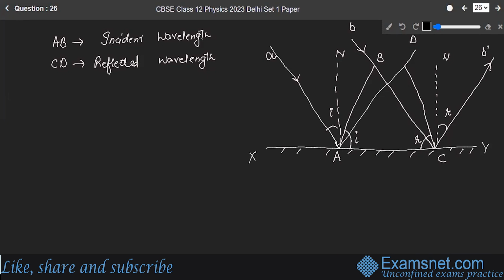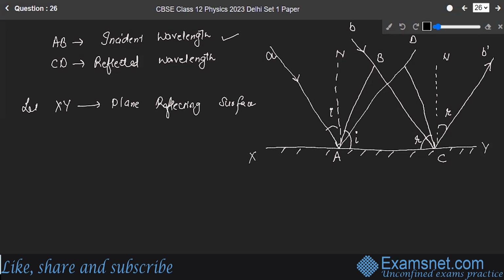Now, for the first law of reflection, let XY be the plane reflecting surface, and AB be the plane wavefront incident on the surface as shown over here.